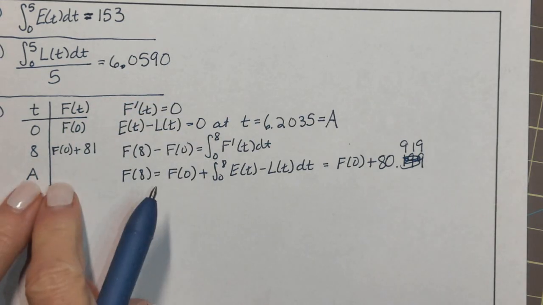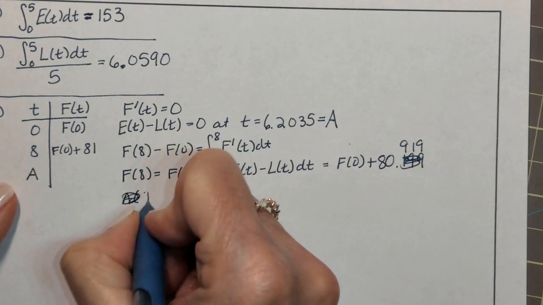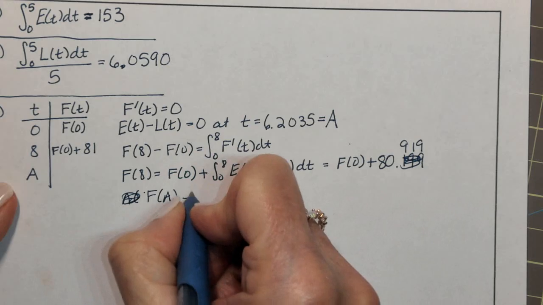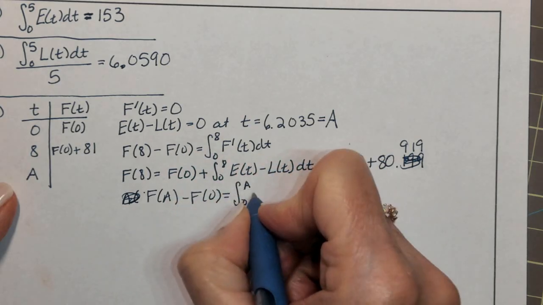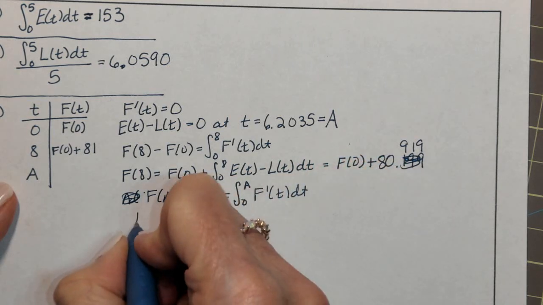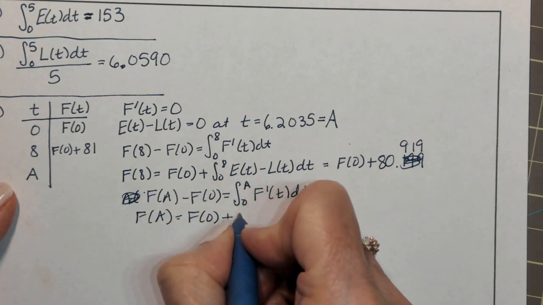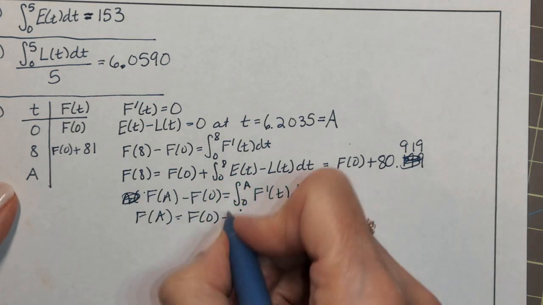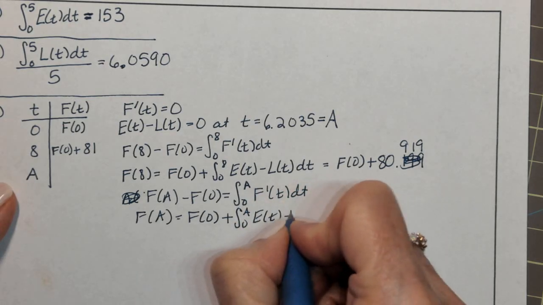Okay? We're going to do the same thing for a. f of a minus f of 0 is the integral 0 to a of f prime. So f of A is f of 0 plus the integral 0 to A of E of t minus L of t.